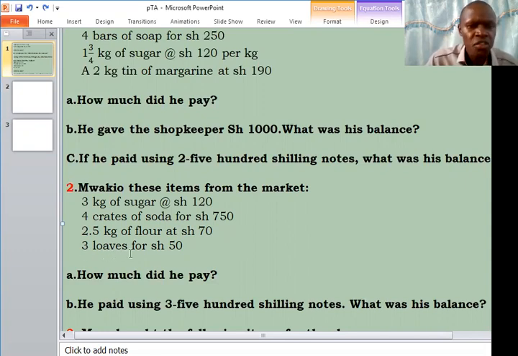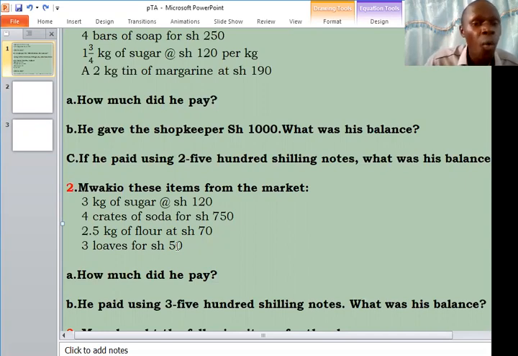3 loaves for 50 shillings. Please don't assume that 50 is supposed to be the price for 1 loaf. Please don't assume by setting a question for yourself.